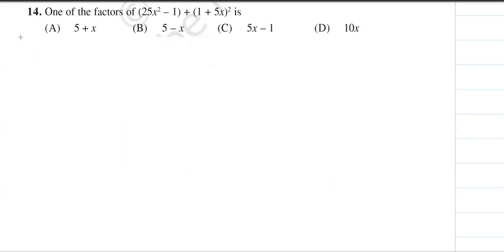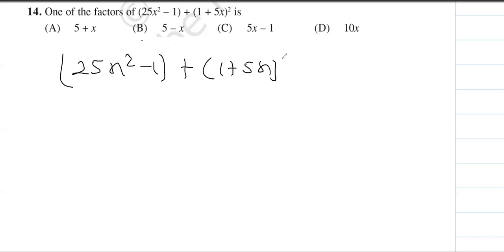Now we are on question number 14. In this question, it says one of the factors of this polynomial. So we need to factorize it. And the property we'll be using is the identity here. Let me write down the question. This is 25x squared minus (1 plus 5x) whole square.